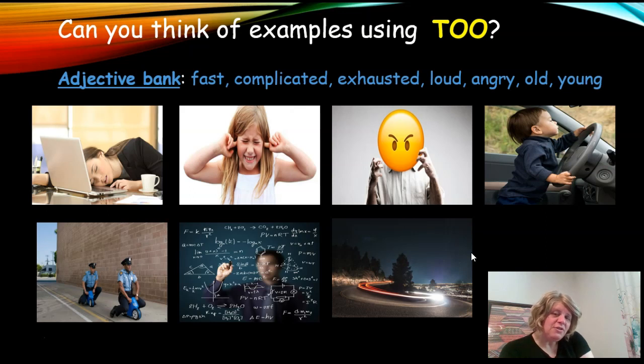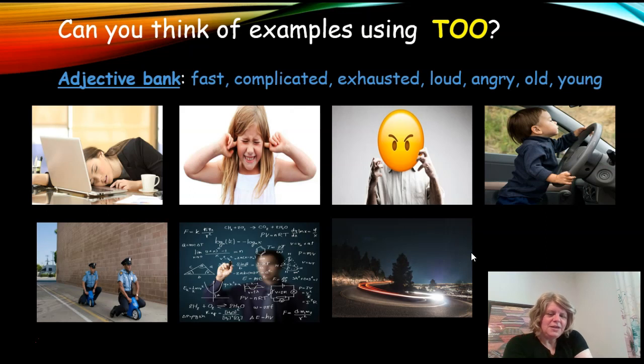If we look at the adjective bank, fast, complicated, exhausted, loud, angry, old, young, we can determine that exhausted would probably be a good adjective to use for this picture. And we can say the girl is too exhausted. We can stop the sentence here or we can expand it. We can also say she was too exhausted to stay awake.